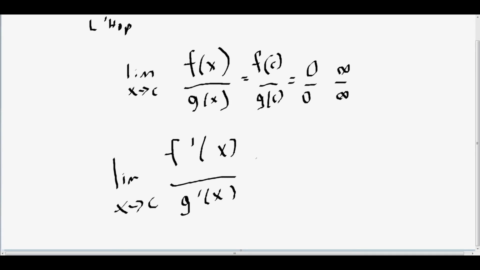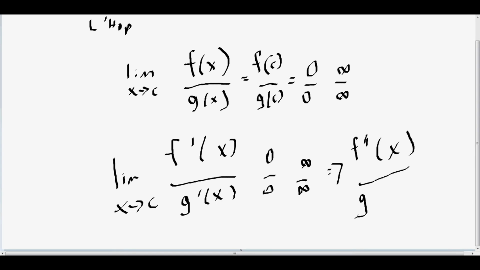And if that gives you another indeterminate form like 0 over 0 or infinity over infinity, then do f double prime of x over g double prime of x, the limit as x approaches c.